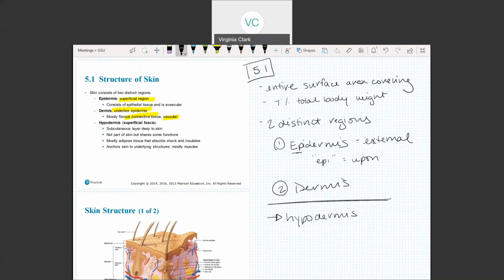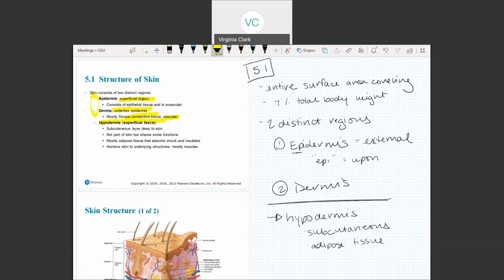It's subcutaneous, which means it is below the skin, and this is where you'll find your adipose tissue. So the hypodermis is underneath your dermal layer, but when we're talking about the two distinct regions, we are talking about the epidermis and the dermis.